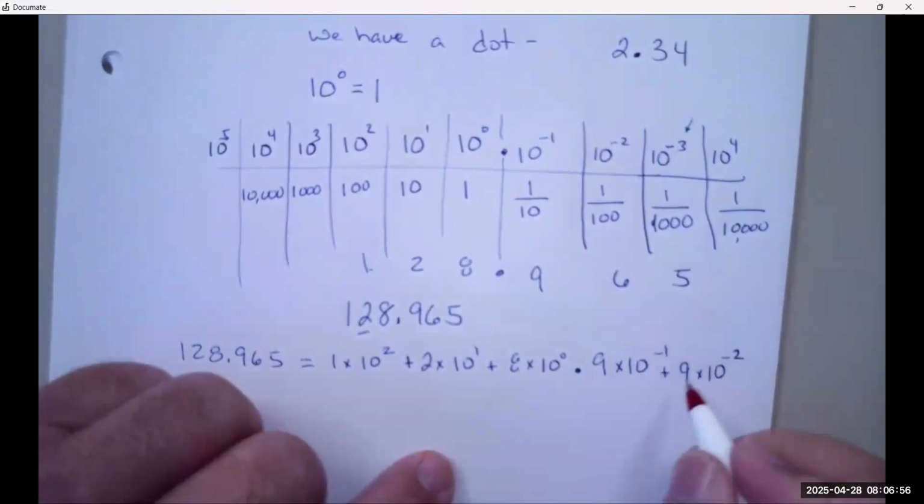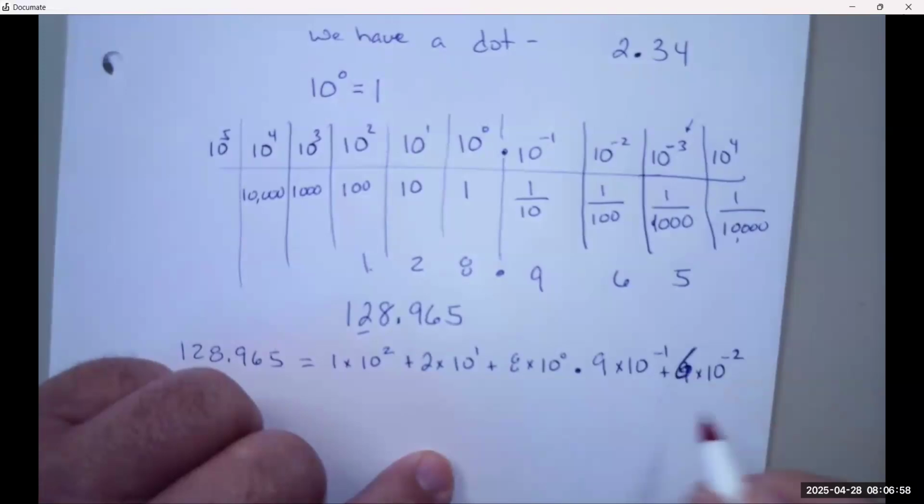Oh, sorry, that's 6, I'm sorry, 9. Plus 5 times 10 to the negative 3.